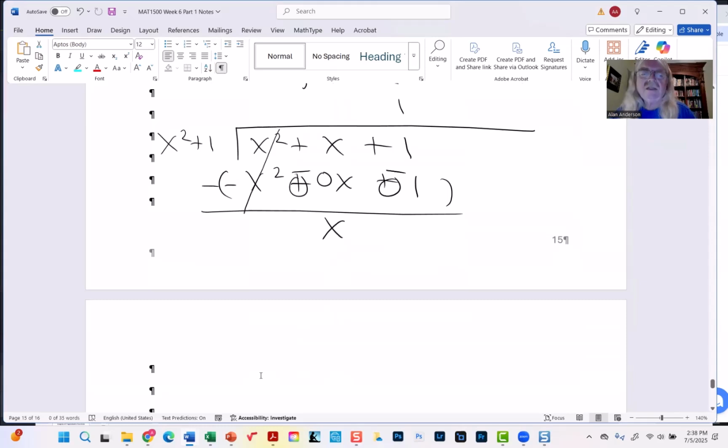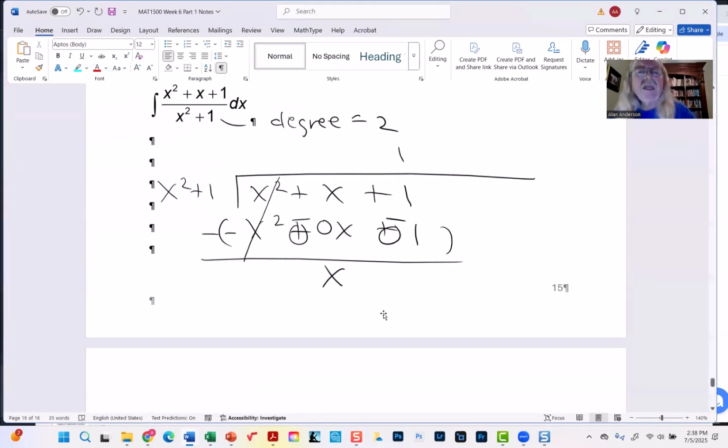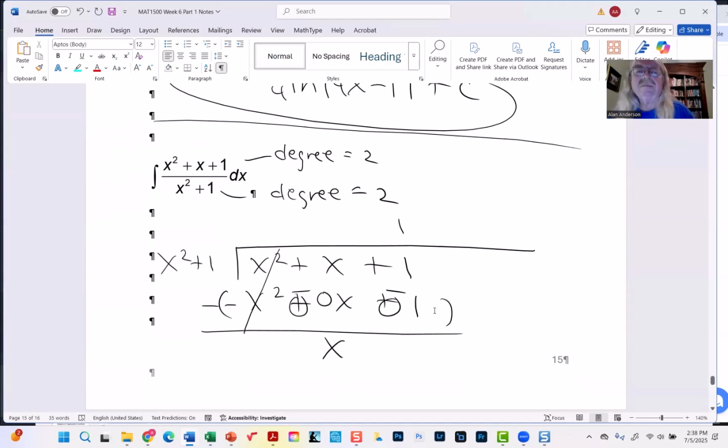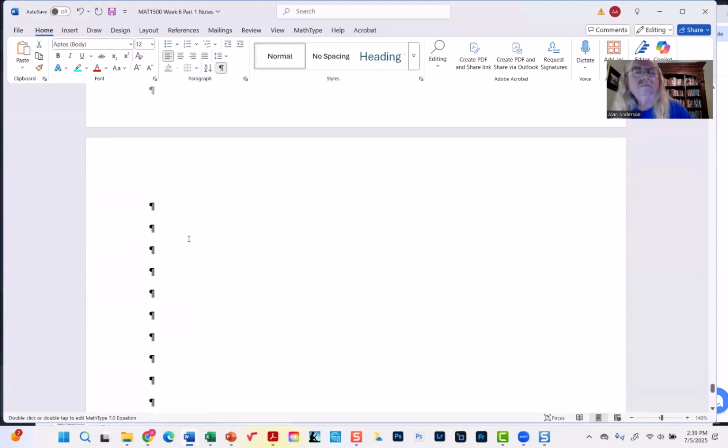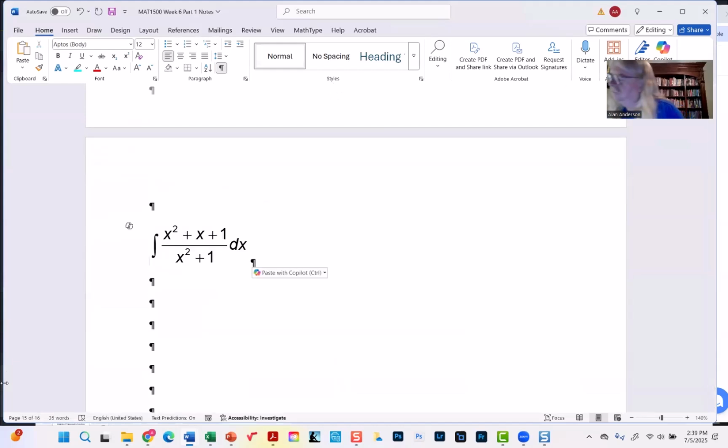And what this is telling us is that this ratio is just slightly more than 1. So it's actually 1 plus x over x squared plus 1.